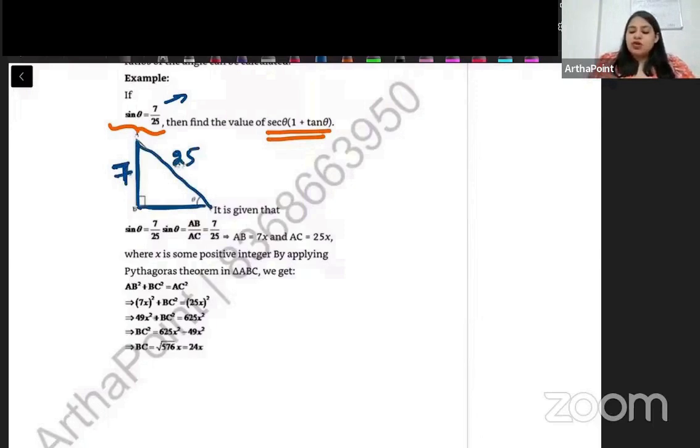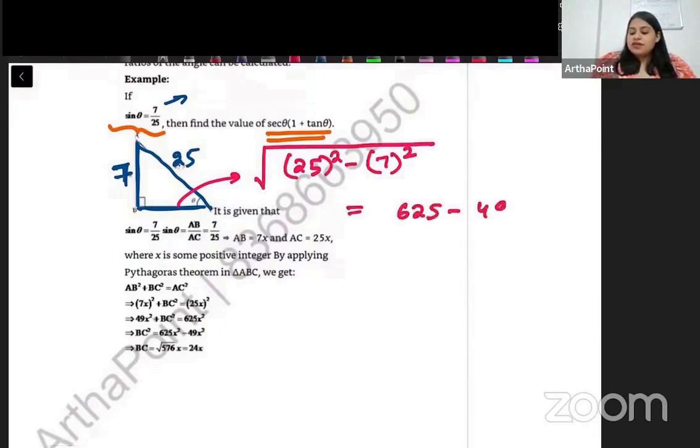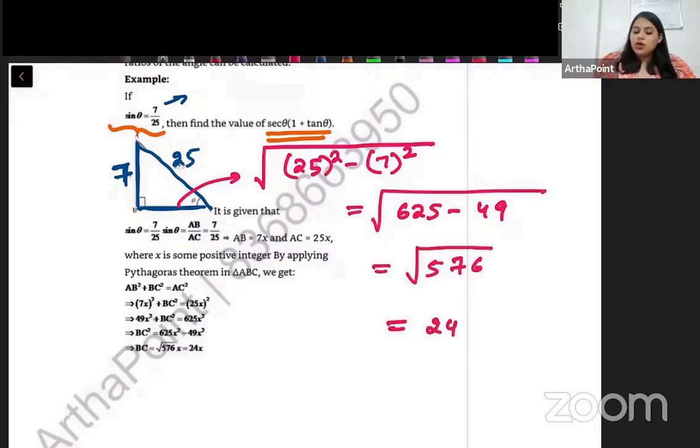You can use Pythagoras theorem and you would know that this is under root of 25 square minus 7 square. So this should be 625 minus 49 under root. So this should be 576 under root. So this should be 24. So beta, we know that this will come down as 24.